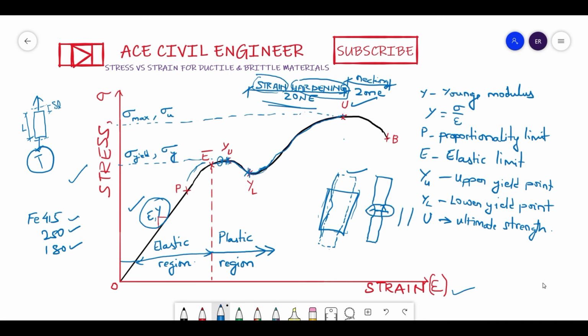So that is something like this. So friends, this is some cup and cone action. If you see here, in this way it is going to fail. So this is the cup and this is a cone. So this B point is nothing but a breaking point.